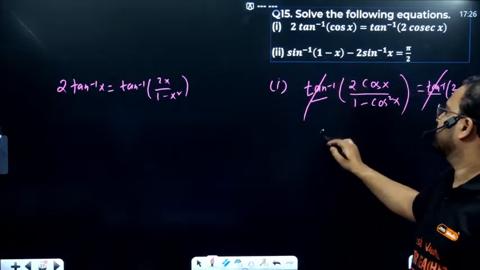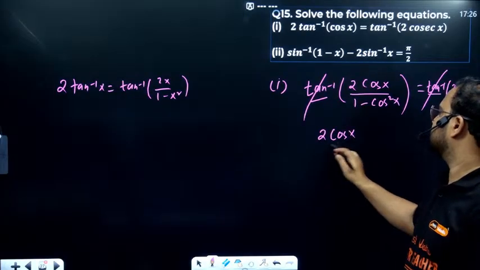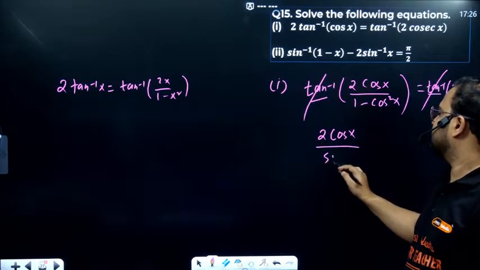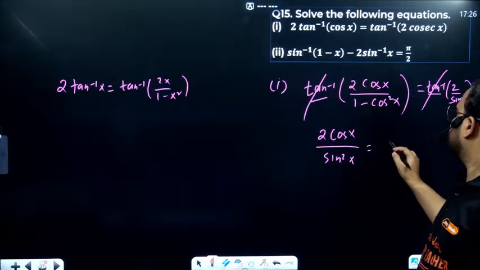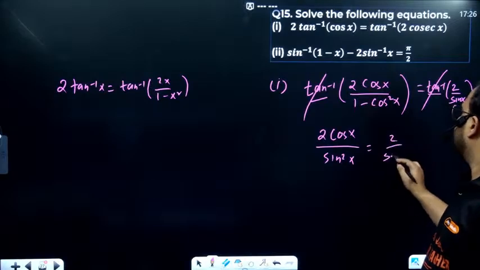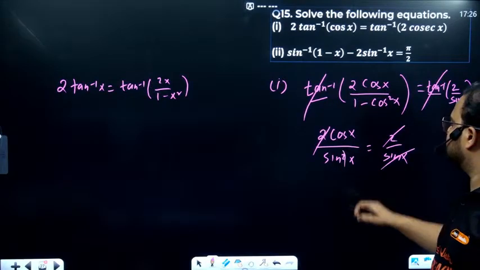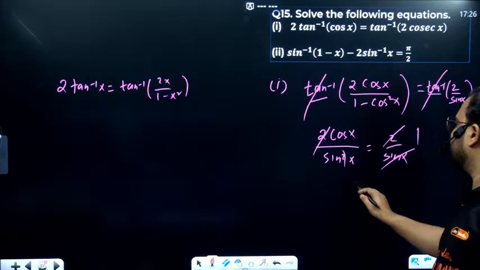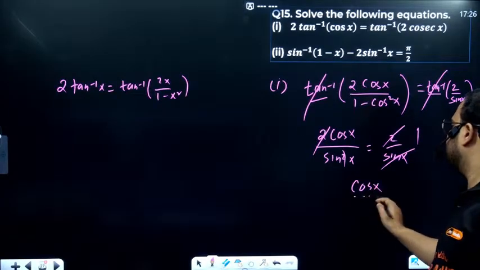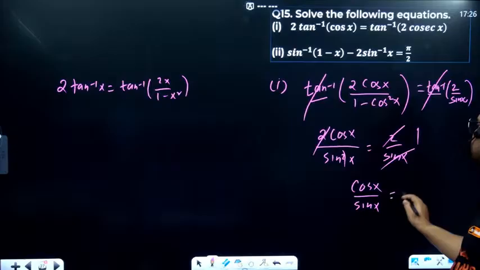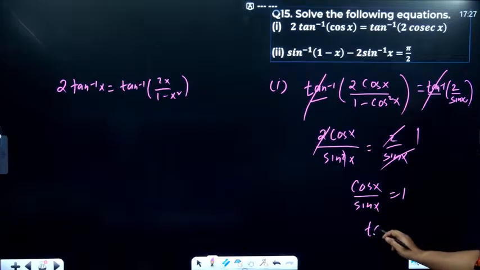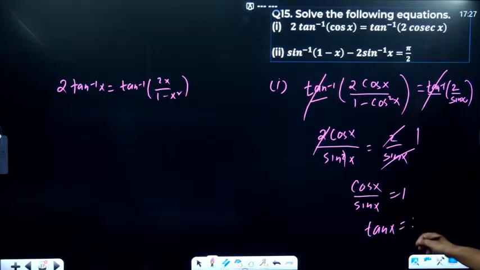What happens over here? We have 2 cos x. This is 1 minus cos square, means sin square. This is 2 upon sin x. 2 and 2 is cancelled. Sin x is also cancelled. So I have 1 over here left. I'm getting cos x by sin x is 1, which is giving me tan x, or cot x is 1.